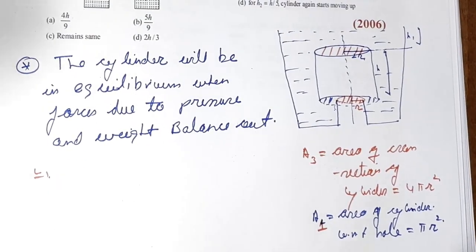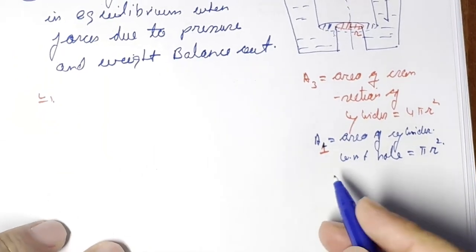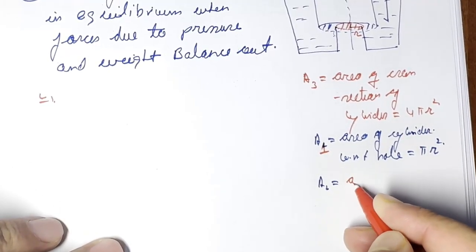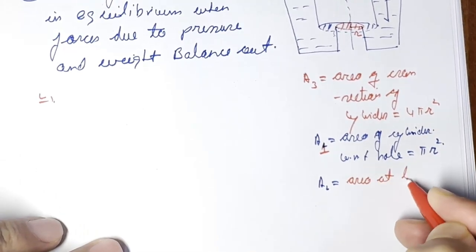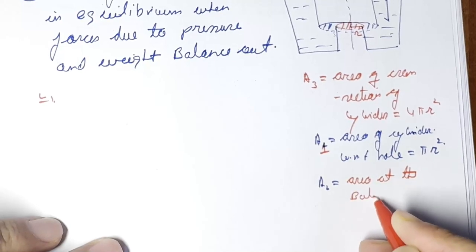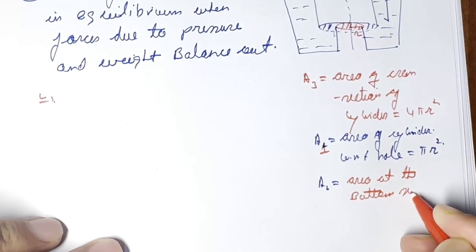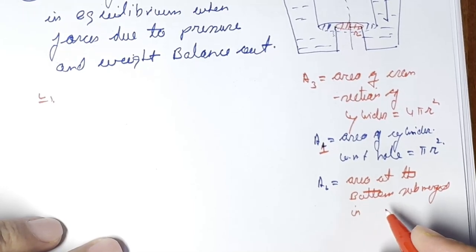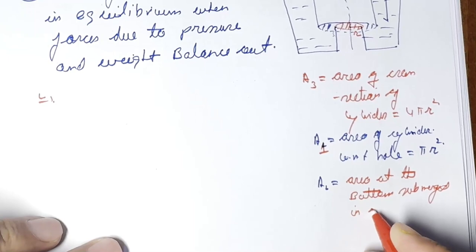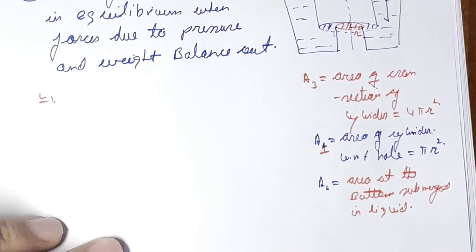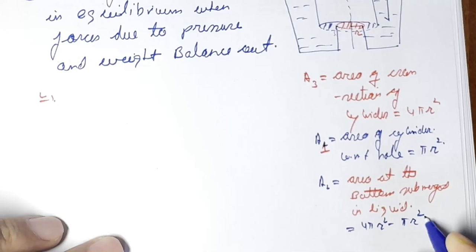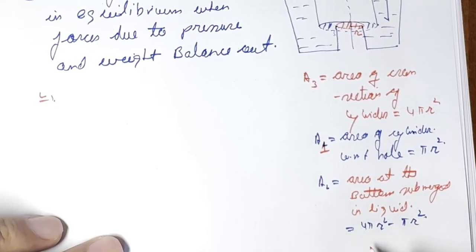So A1, the area at the bottom submerged in liquid, will obviously be equal to 4 pi r square minus pi r square. This gives us 3 pi r square.